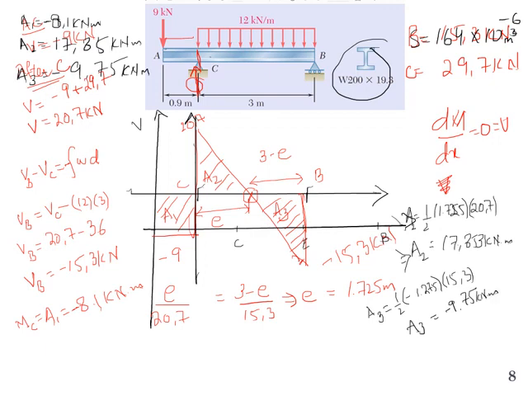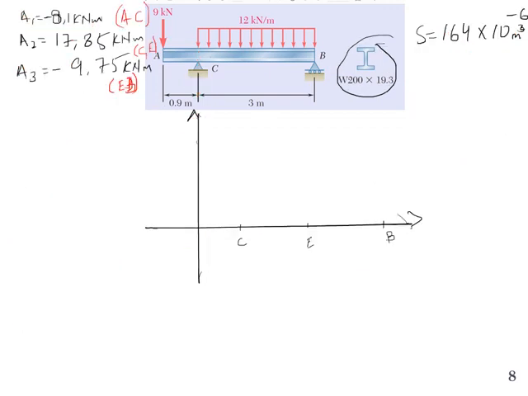Okay, now we know the areas, and we can calculate the bending moment using the relation between shear force and bending moment. Let's draw the bending moment diagram using the area under the shear force curve that we already calculated in the previous slide.